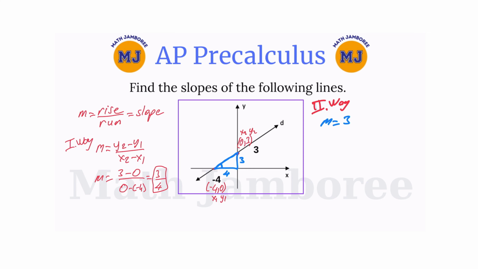So the rise is 3, and the run is from the start point to the end point here. How many steps are there? It's 4. So since the rise over run is 3 over 4, the slope will be 3 over 4 for this question. You can also solve this question in this way.